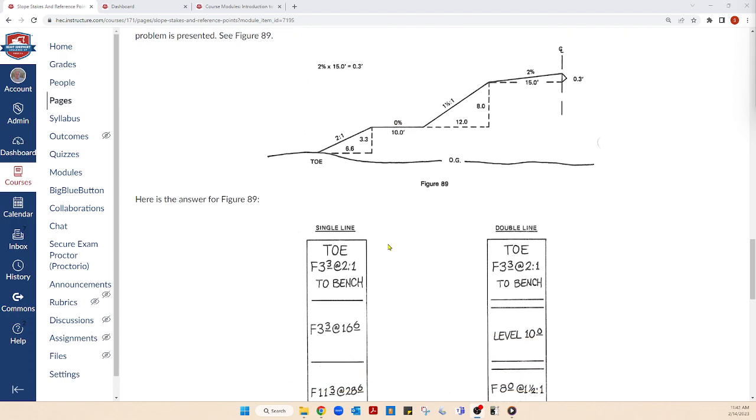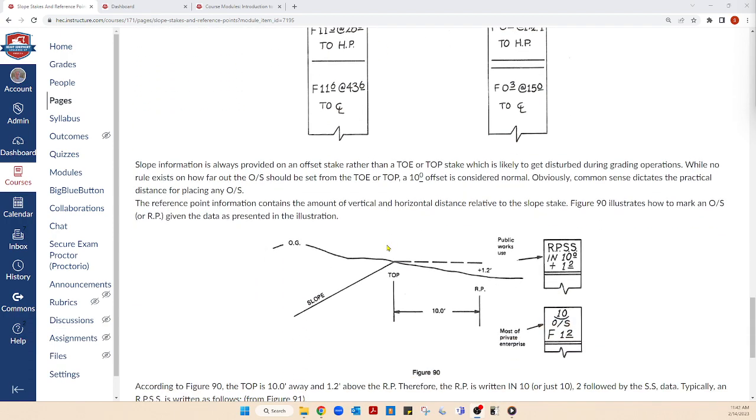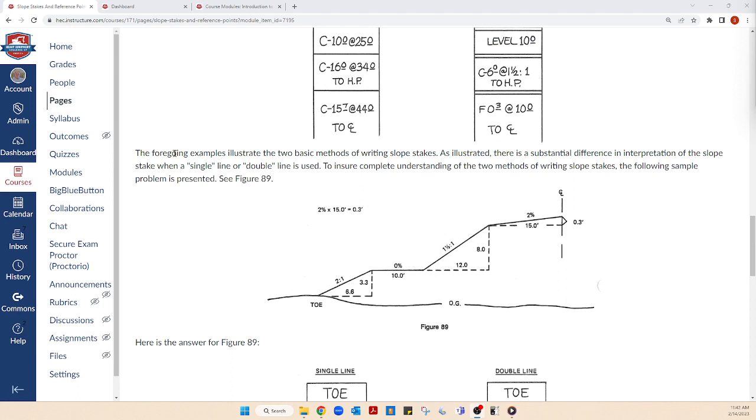So, it's talking about some examples. The foregoing examples illustrate the two basic methods of writing slope stakes. As illustrated, there is a substantial difference in interpretation of the slope stake when a single line or double line is used. To ensure complete understanding of the two methods of writing slope stake, the following sample problem is presented.